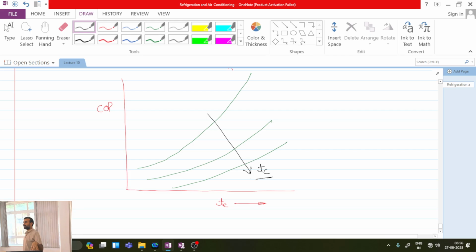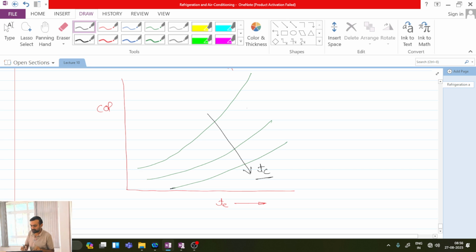So the generalized effect of COP you can plot like this. As you increase the evaporator temperature, your COP increases, and when you increase the condenser temperature, then COP decreases.